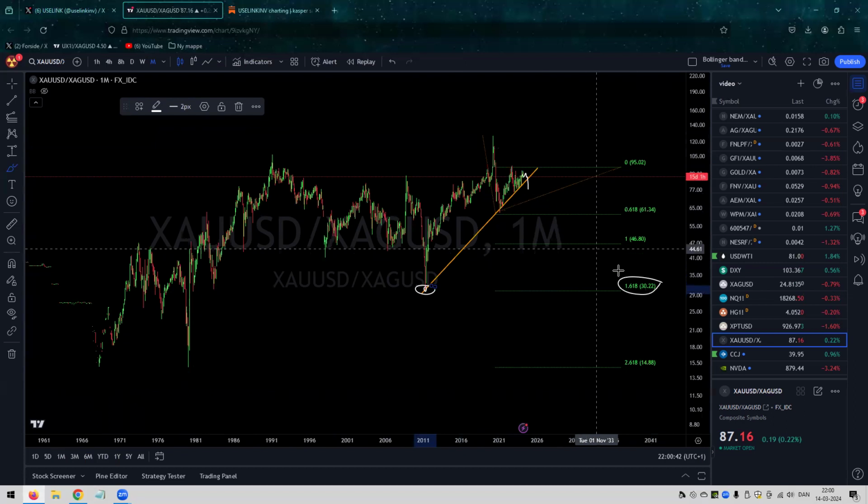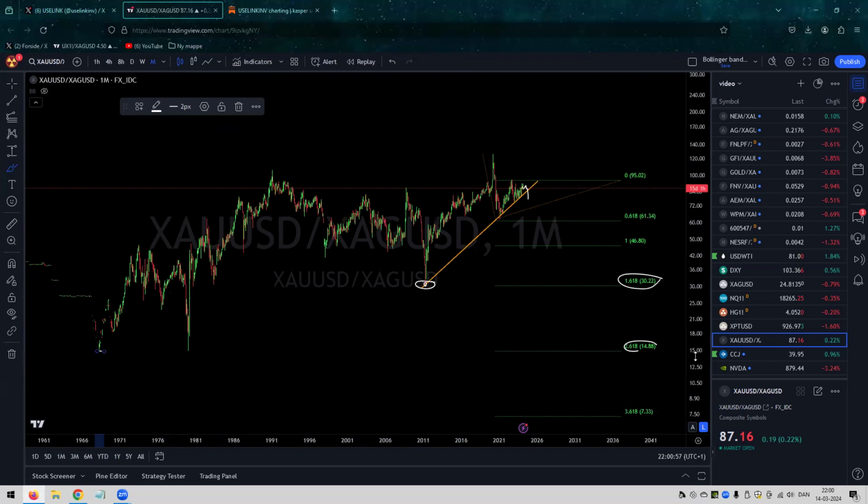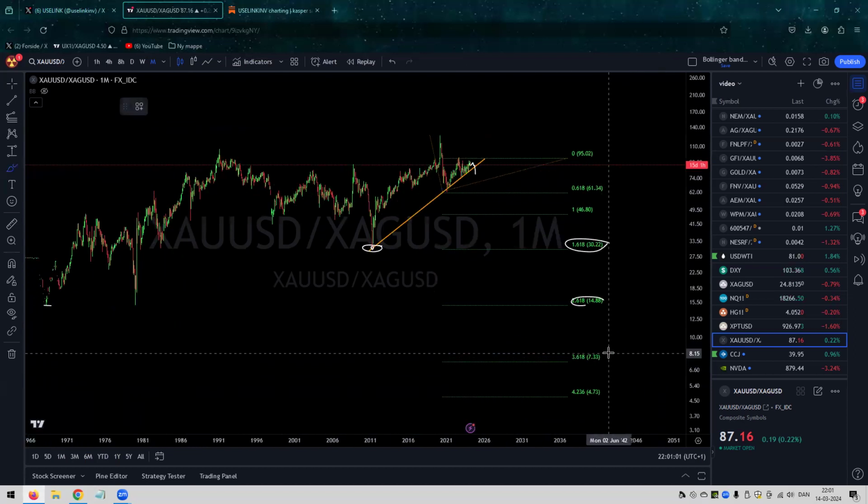And again, at the end of the bull market, you can see here the 2.618 right here is identical with 1968 and the absolute low there in the ratio in 1980. Also, you have the 3.618, which is in the single digit. It sounds crazy, but it is in the single digit, and that's actually the ratio at which First Majestic gets silver out of the ground compared to gold.